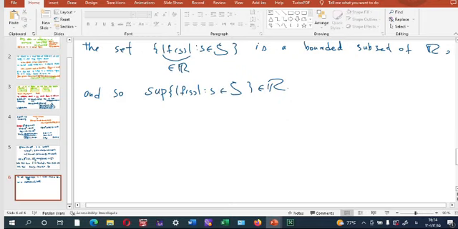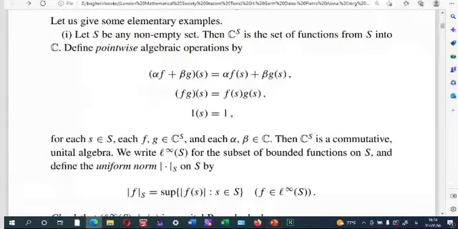And this is very important that we consider these functions, every element of this is a bounded function, because we must consider the supremum of real numbers. Okay.